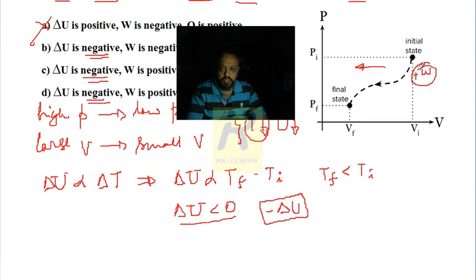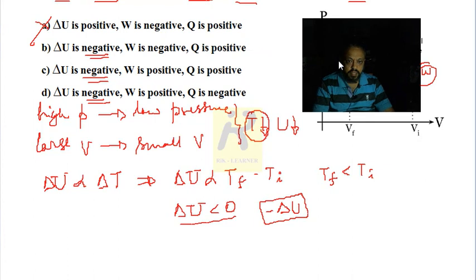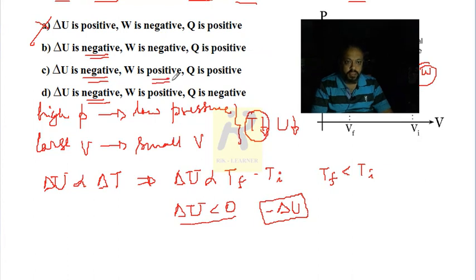Work done is positive is correctly said in this one and this one. That means I can omit one more option, that is B. The only two options left are C and D.